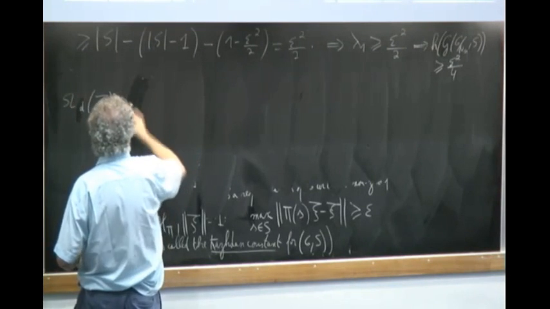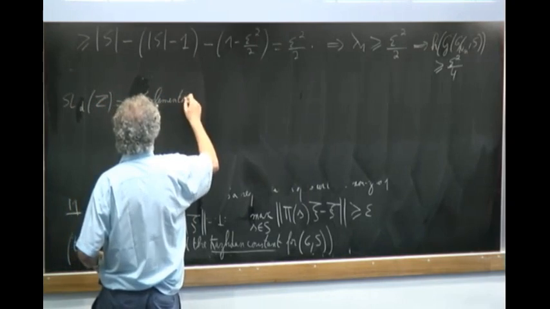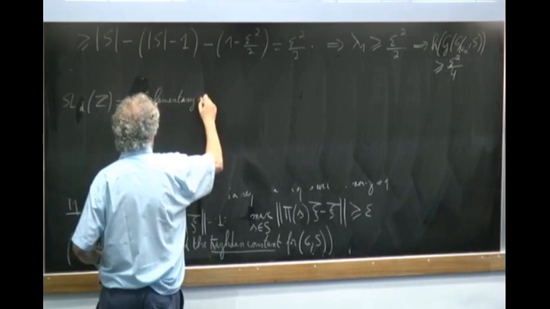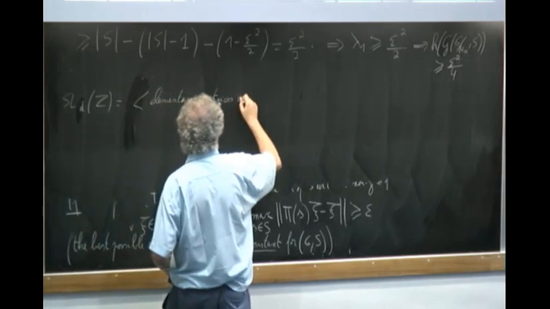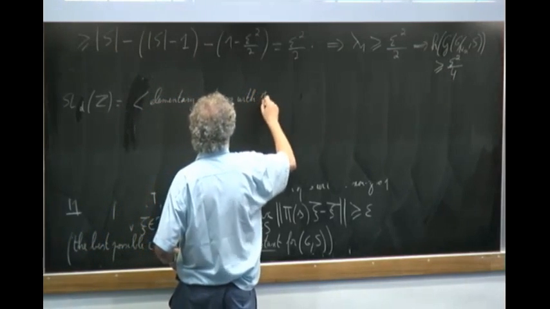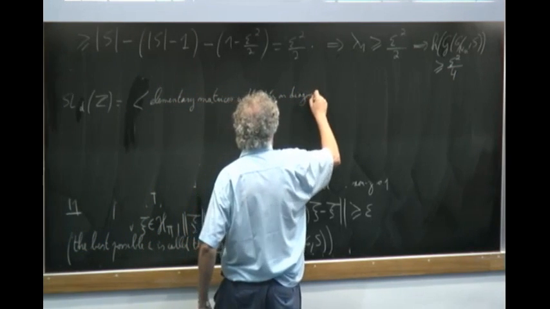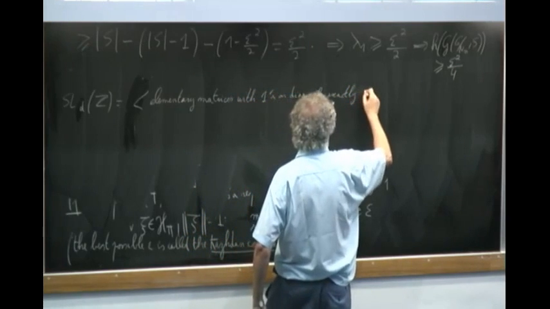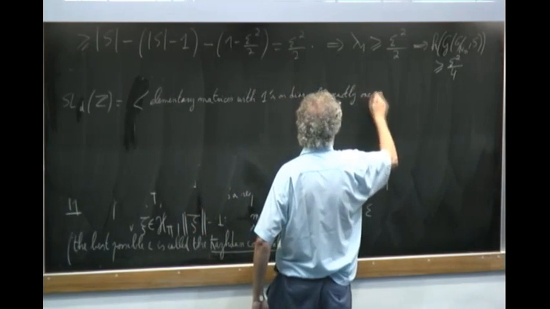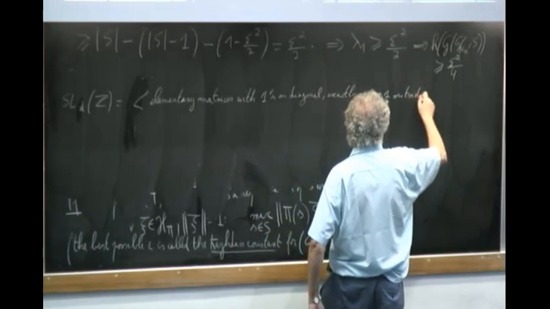So I can take elementary matrices with ones on the diagonal and exactly one 1 outside the diagonal.